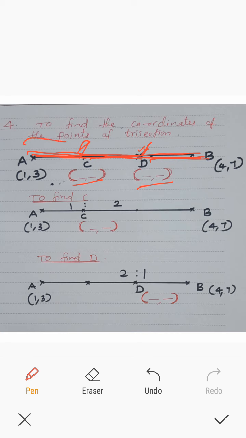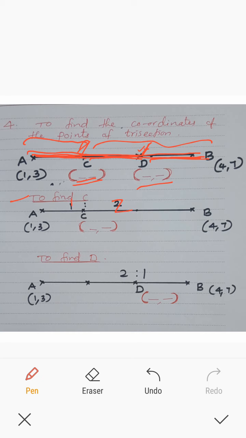So we can say AC is one part among the 3 parts and CB is 2 parts among the 3 parts. So for finding the coordinates of C, the ratio of division can be taken as 1:2.